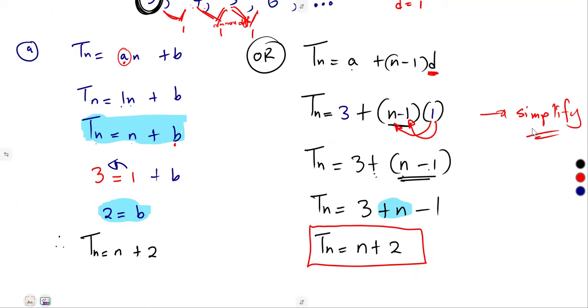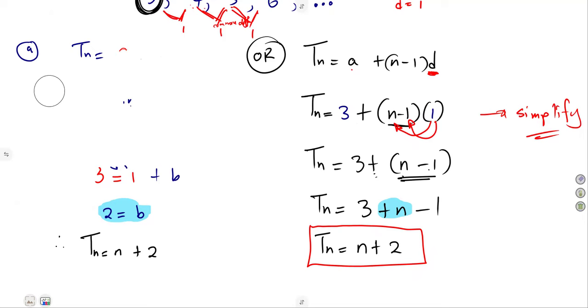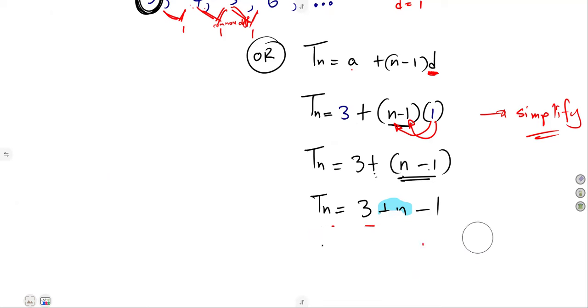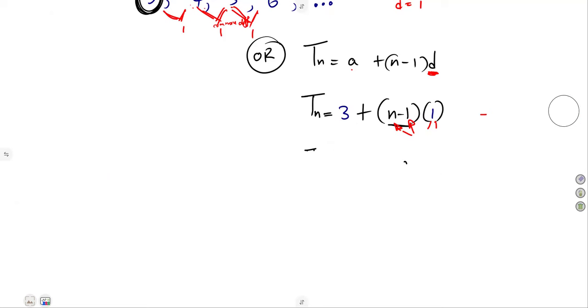So we can use it. Or we can go back to that application that we had before when we were in the previous grades, which is not a problem at all. Anyway, you can find the Tn. Okay, so that is what we had on determining the nth term, which is our Tn.